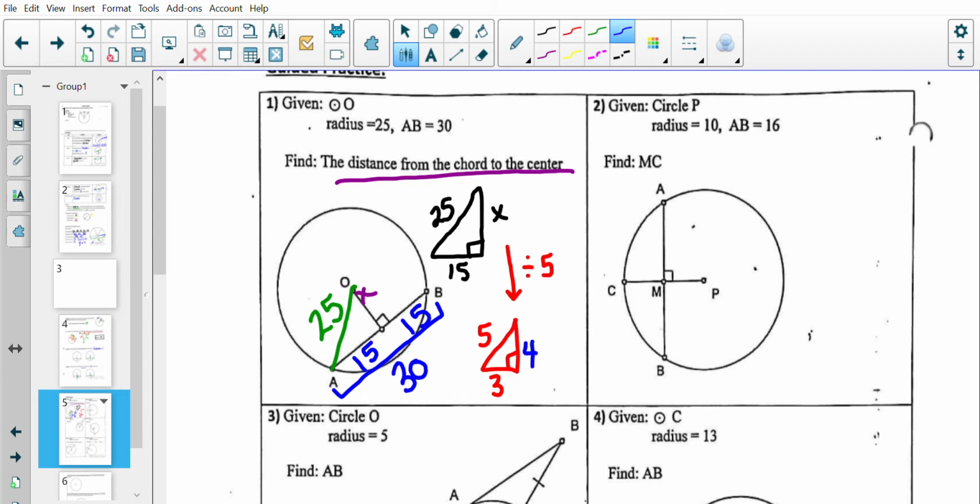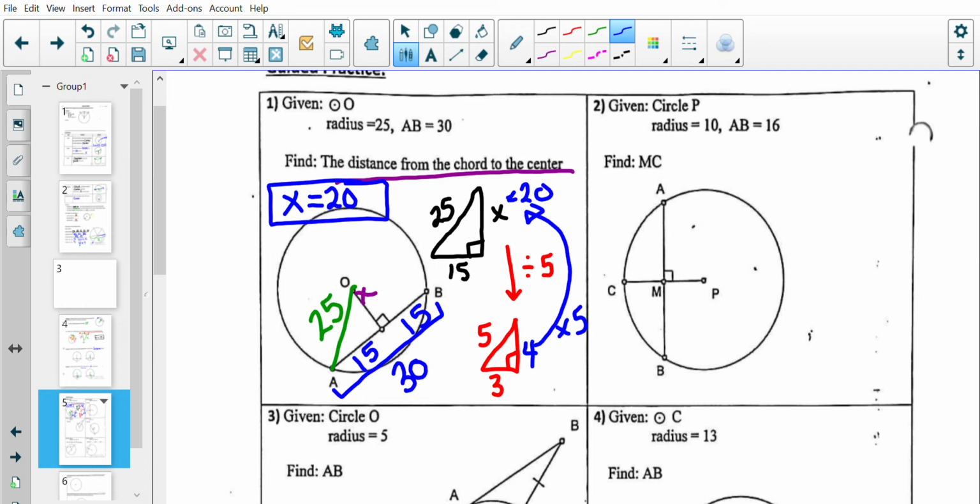Now that length of the perpendicular is not 4. Because we divided by 5, we have to go back and multiply by 5. So we are going to get x is equal to 5 times 4, which is 20. So the distance from the center to the chord is 20 units long.